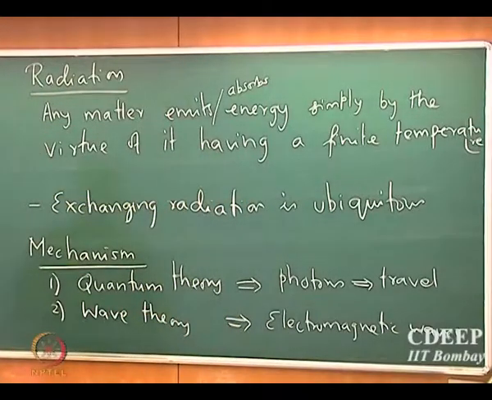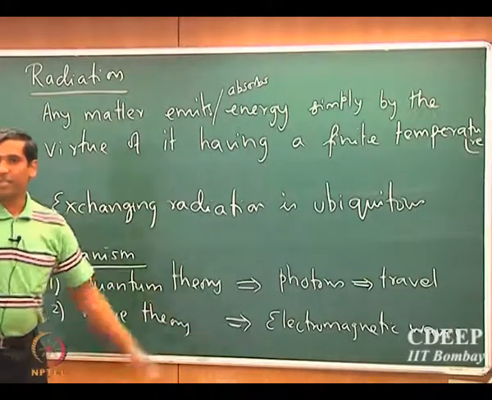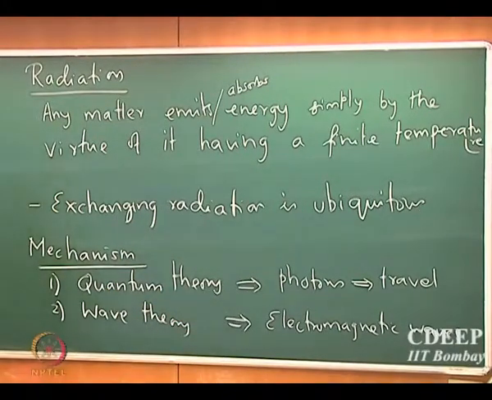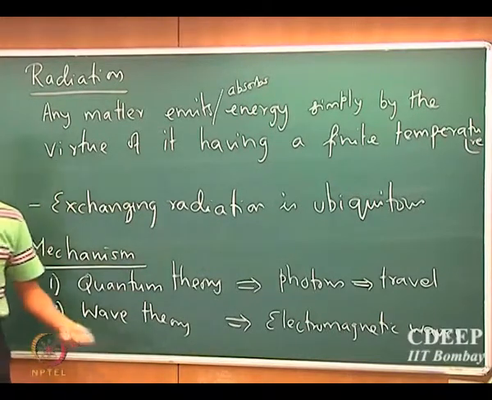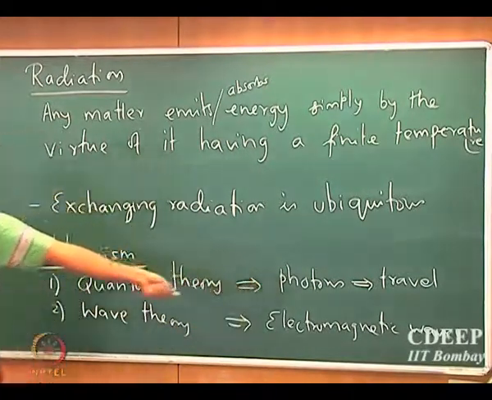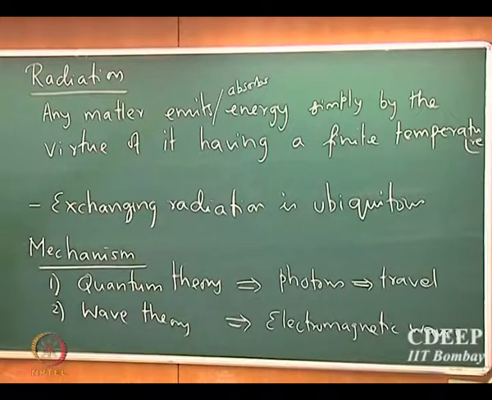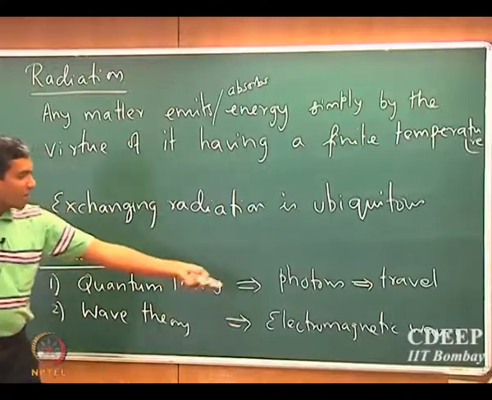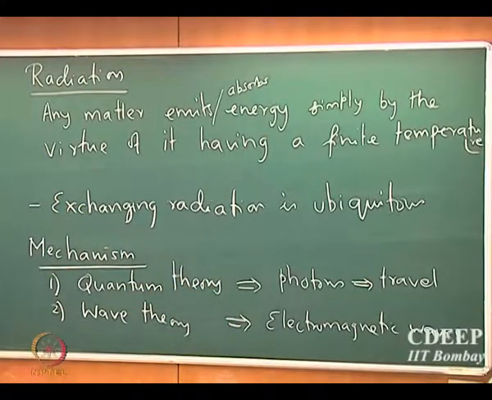Because of its temperature, the object emits electromagnetic waves, and these are intercepted by the receiving object, and that causes exchange of energy between the two objects. These are the two existing theories. We are not going to debate which is right and which is wrong, that's the physicist's problem. It wouldn't matter to us, because as long as we know that either of these theories is right, we should be able to quantify the process, and we are going to see that in a short while.